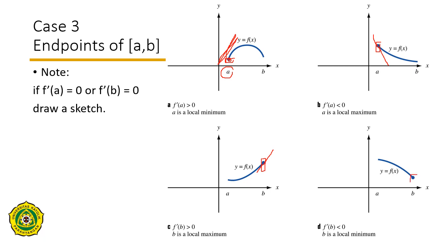And here, because the slope is negative, it is a local minimum, which means that compared to its neighbors very close to B, this B is the minimum point. What if the first derivative at A or B equals 0? Then we may draw a sketch to see whether it is a local maximum, local minimum, or neither of them.